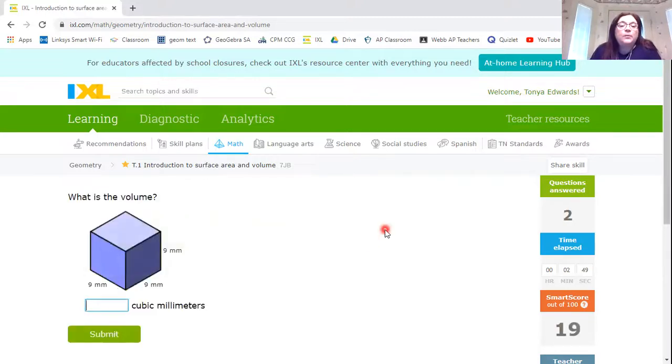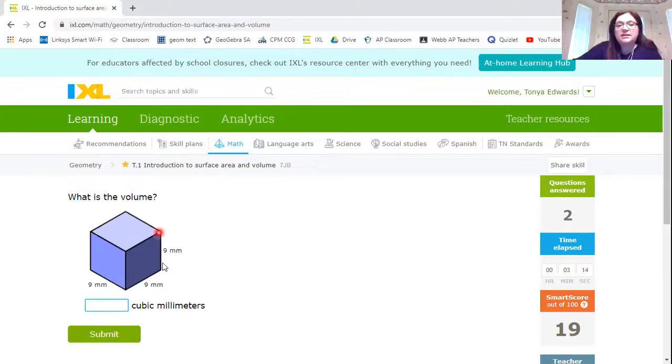All right, now we've got volume. Volume, so easy. It's the area of the base. Again, we've got a cube, not because it looks like one, but because it gives us the dimensions that show it to us. It's just the area of the base. So area of the base is 9 times 9, 81, times the height.